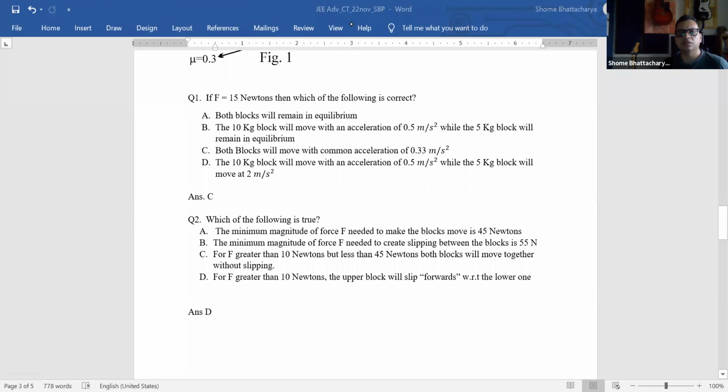Okay, so second part, let's check out. What is happening? Minimum force. So this is not correct. No, 10 newtons and more will create slipping. If F is greater than 10 newtons but less than, this is also not correct because they will always slip. This is the only one which is correct. This will start slipping with respect to the lower one, so this one is correct.